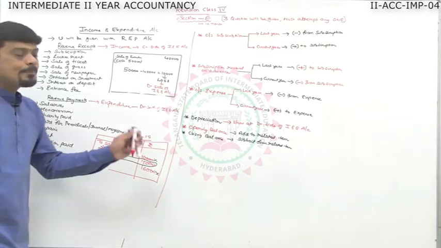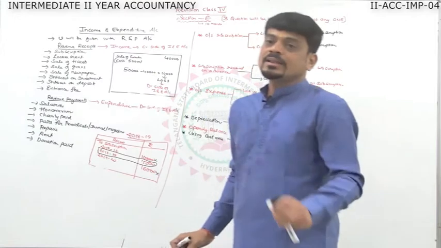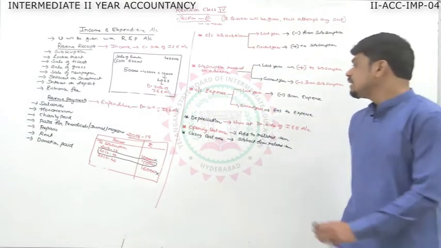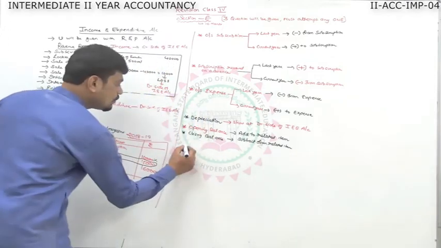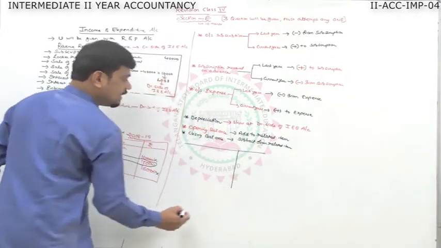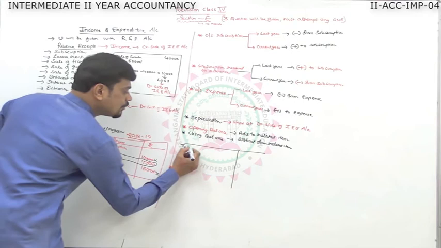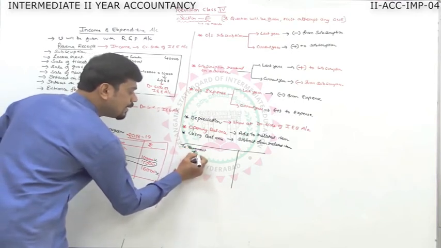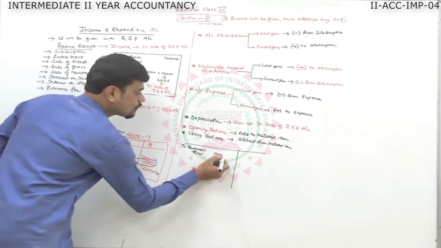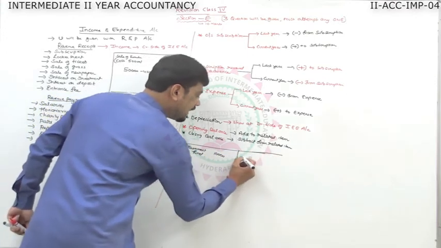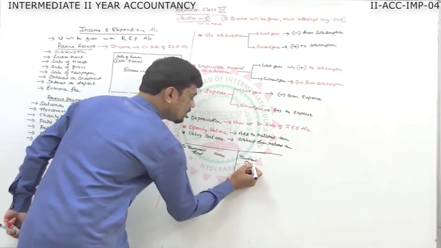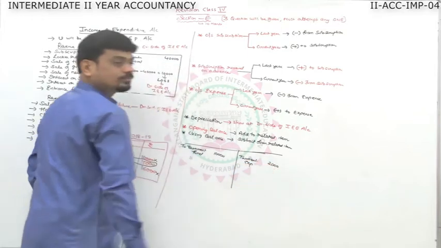Then, apart from that, what are the confusing points? The confusing point will be, sometimes, again on the receipt side, the examiner may give you tournament fund. Let it be any fund, some 10,000. And on the payment side, he will give you tournament expense, let me say 2,000.